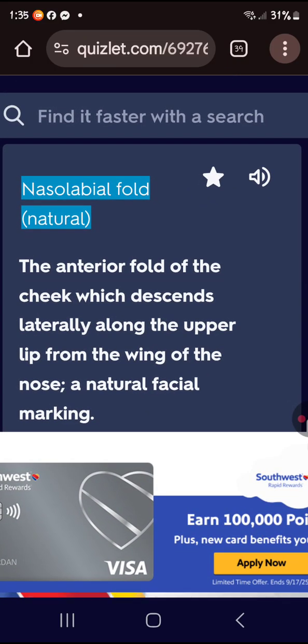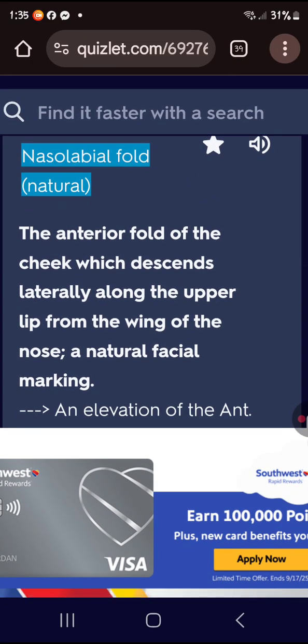Nasolabial fold, natural, is the anterior fold of the cheek which descends laterally, which means to the side. Sounds like some mythological bullshit. Like the armies of heaven are descending along the sides of the cheek, but this is how Latin assholes write things. So let me back up.